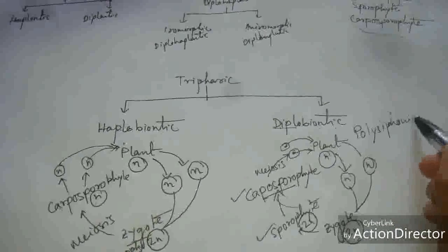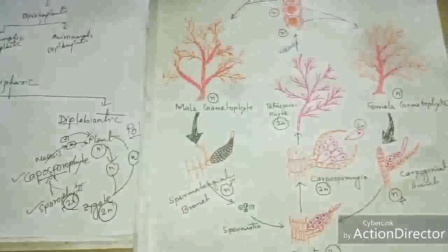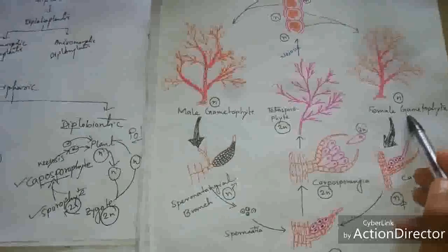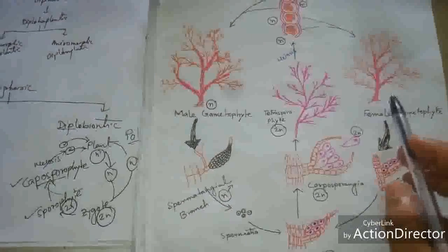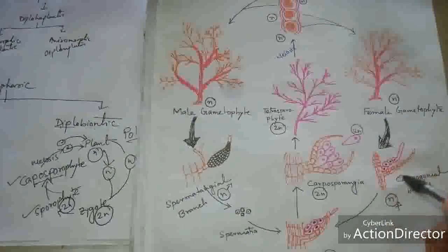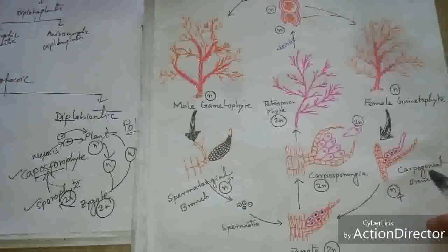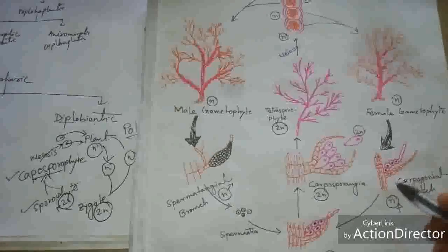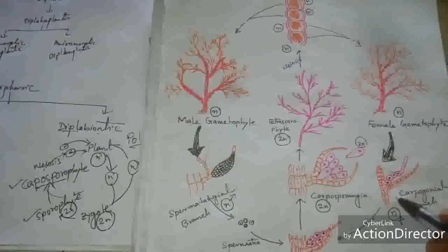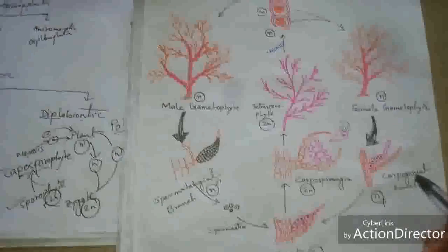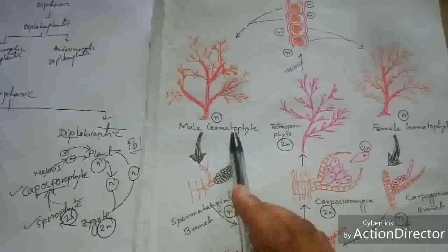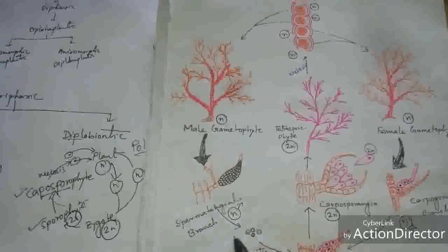So here the female gametophyte branch of Polysiphonia produces the carpogonial branch, which produces carposporangia, and the male gametophyte produces the spermatangial branch.